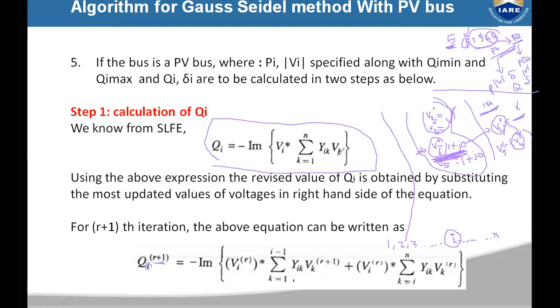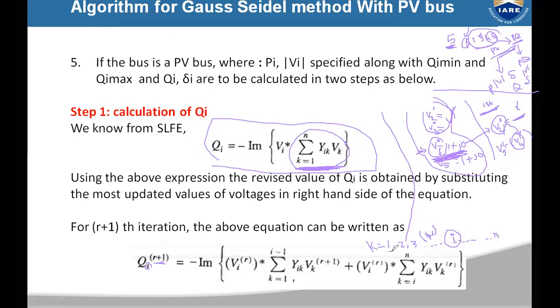Now, this summation expression on the right-hand side can be split into two parts. From 1 to i minus 1 you do the sum, and then from i to n you do the sum again. Your k values are from 1 to n.